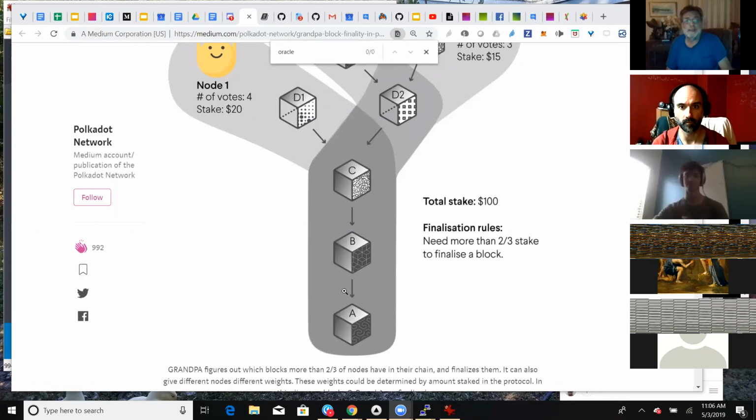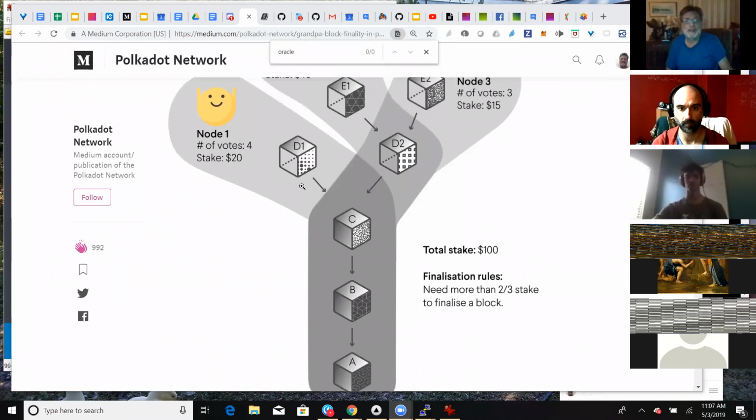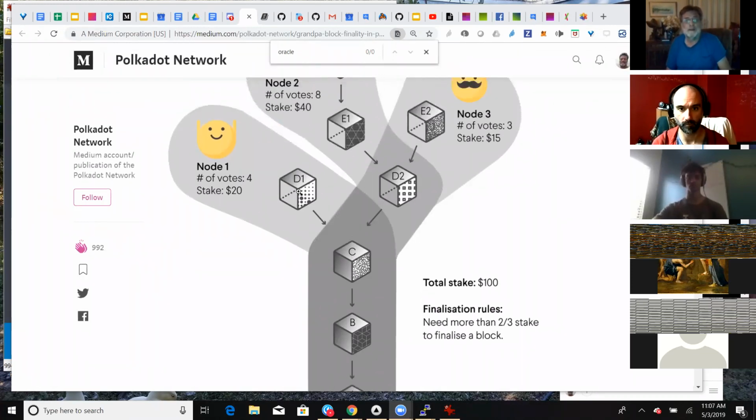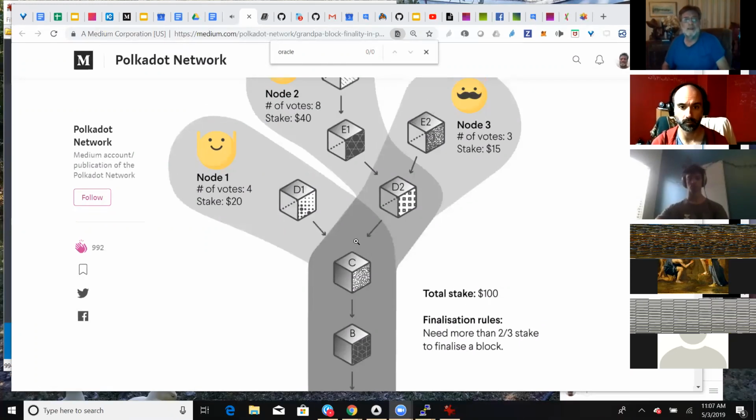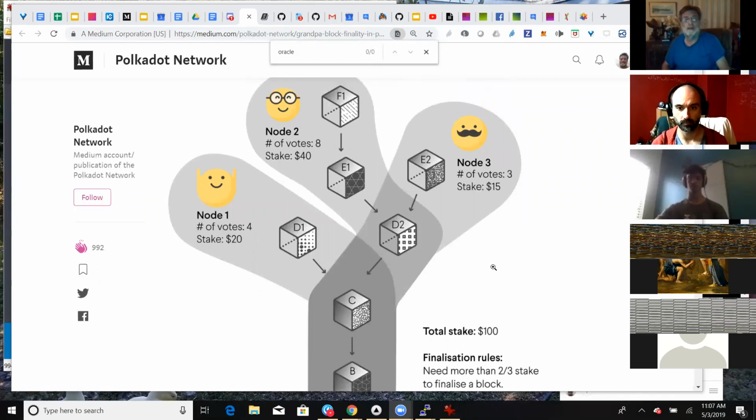We have A, B, and C finalized. Okay, and then we have a D1 and a D2 here. This one has 4 votes, and this one has 11 votes. So it's not finalized yet. We need a 12th vote to become block D. No, oh, no, we need 2/3 votes, right?